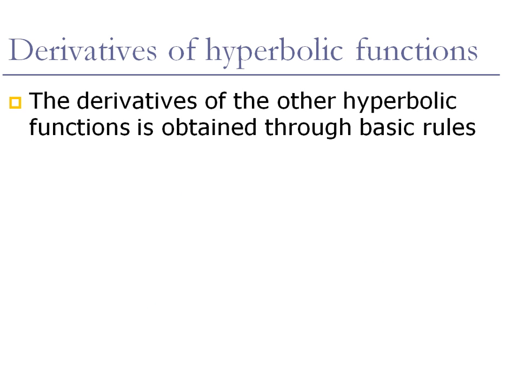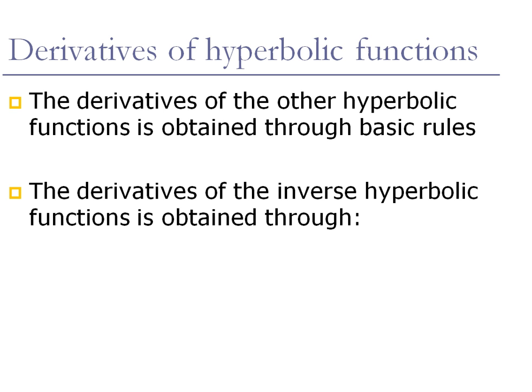Now, how do we get the derivatives of the other hyperbolic functions? Well, pretty much in the same way, using those two basic derivatives, the derivative of sinh and the derivative of cosh, together with the quotient rule usually. Now, how about the derivatives of inverse hyperbolic functions? Well, we can obtain those in two different ways.